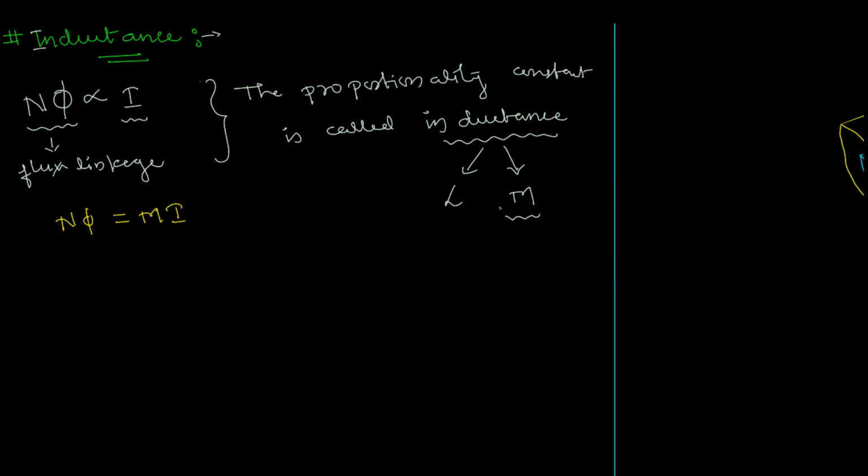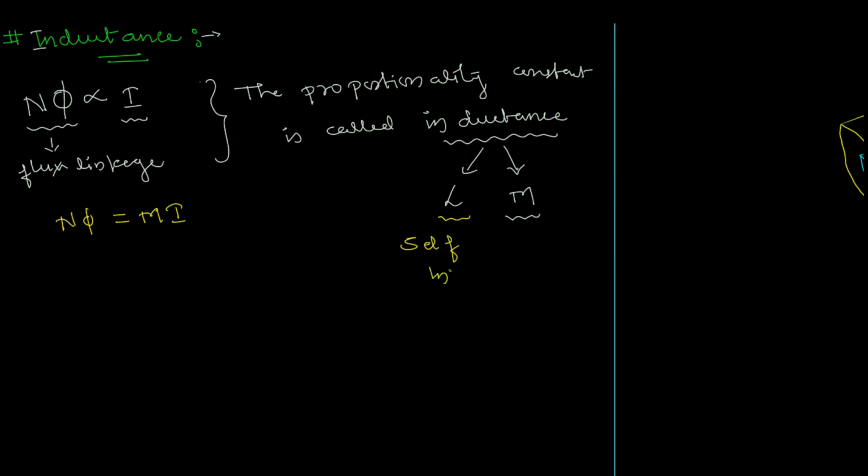Now for the terms L and M. If the flux associated with the coil is a result of changing current or changing magnetic field due to the same coil, then such an inductance is called self-inductance, and we use the symbol L for self-inductance.